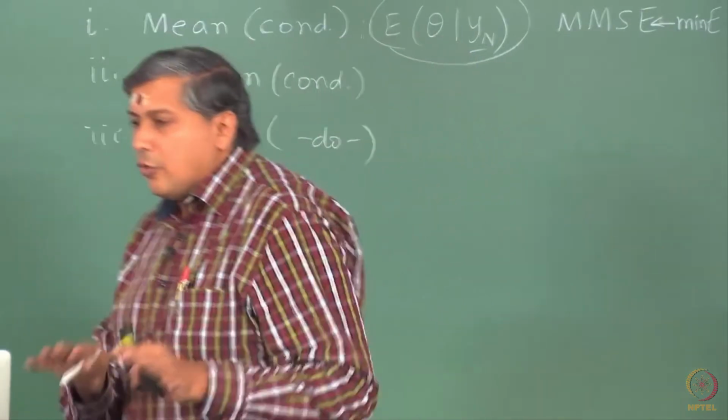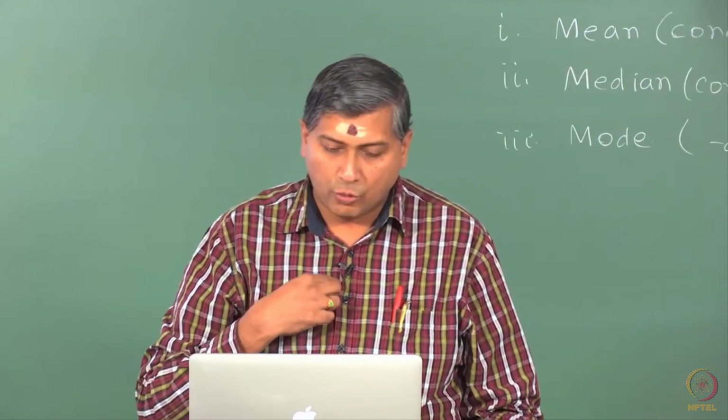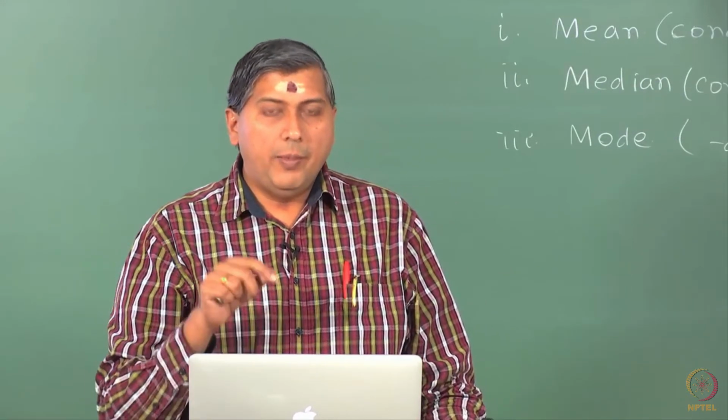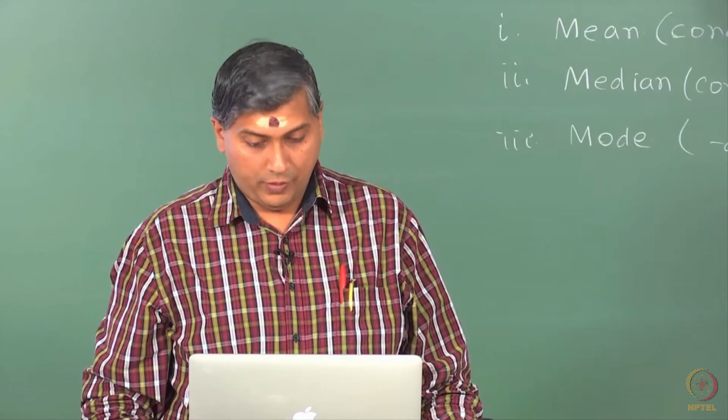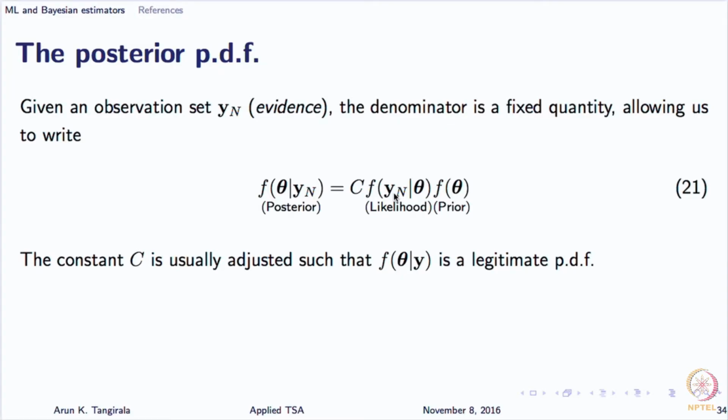In early days of Bayesian estimation, maybe over the last 2 decades or so, the prior and the likelihood were chosen in such a way that you would get an analytical expression for the posterior. So, let me give you an example. Suppose I assume that the measurements have Gaussian distributed errors conditioned on a fixed value of theta.